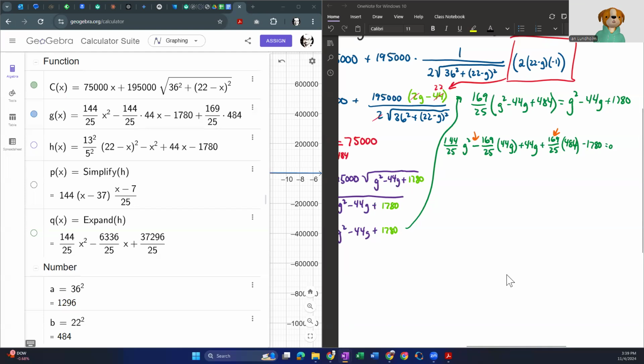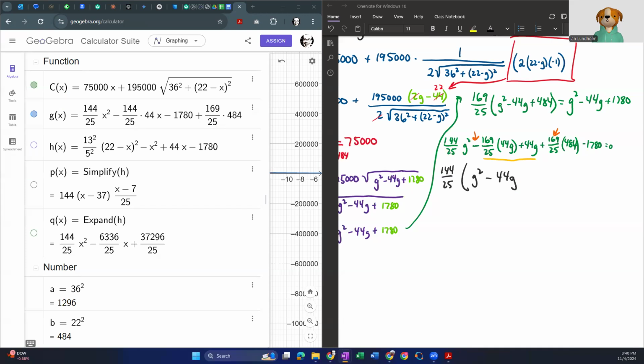I know that it's not in a great spot right now, but if we pull that out from every term, that g squared comes out nicely. Remember that these two simplify to be a minus 144 over 25. So here we're going to be a minus 44g.